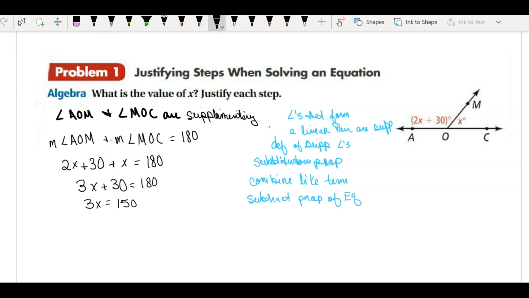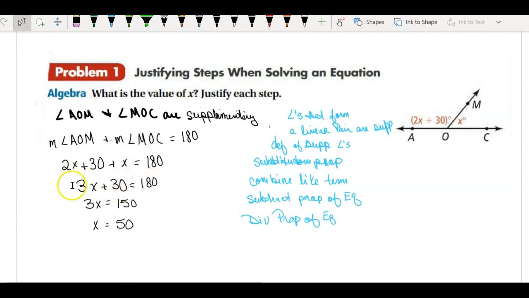Now I'm solving for x, so I have x is equal to 50. How did I get that? I used the division property of equality. Now notice that up here, I did do some adding, but I didn't do it to both sides.